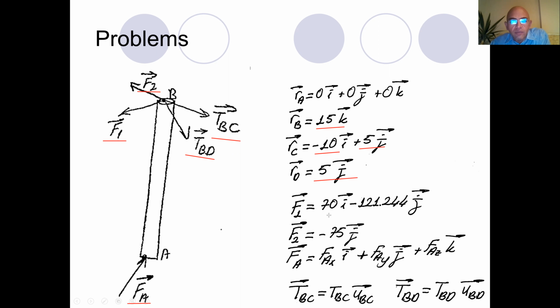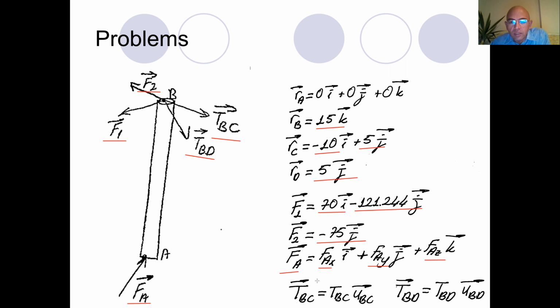If I calculate F1, remember that it is 140 the magnitude and it makes an angle of 30 degrees. It is 70 I vector minus 121.244 J vector. F2 is minus 75 J vector. Now FA has all three components, FAX I vector plus FAY J vector plus FAZ K vector.